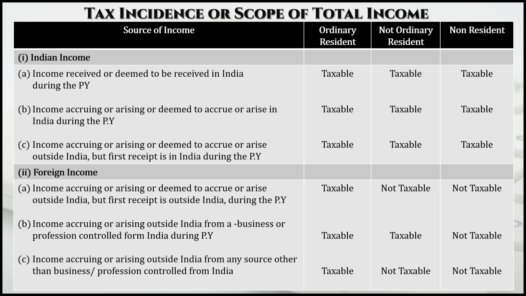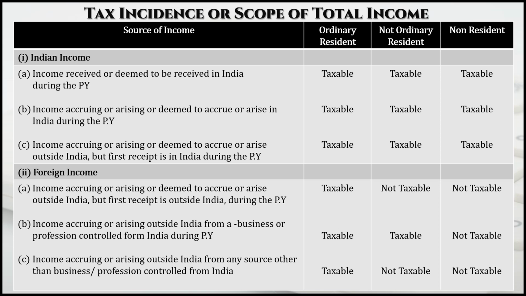The third type of foreign income is income accruing or arising outside India from any source other than business or profession controlled from India. So the owner will be inside India, and it is not a business or profession that he is running, but some income is arising outside the country.